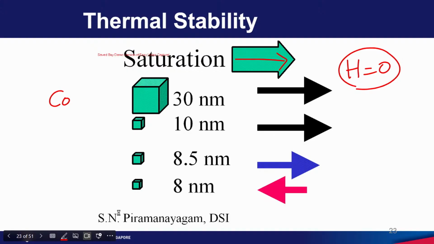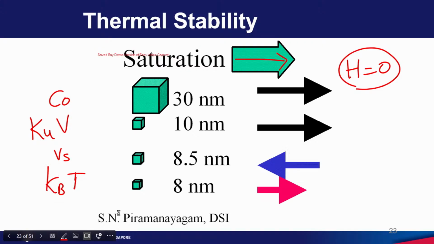This is called the thermal stability of magnetization, because this flipping of magnetization happens based on the competition between KUV and KBT.